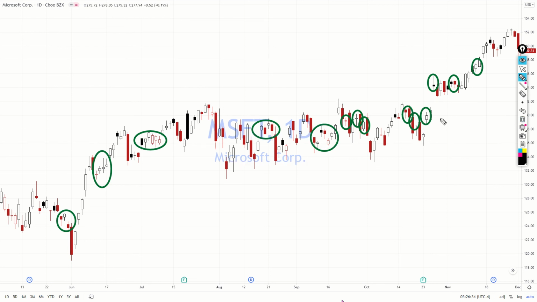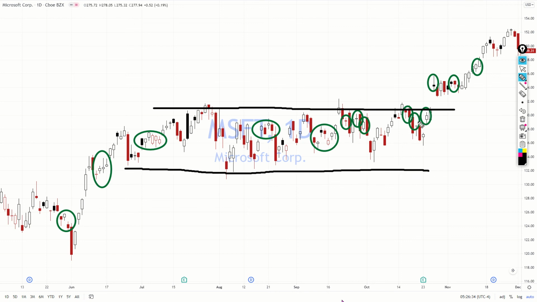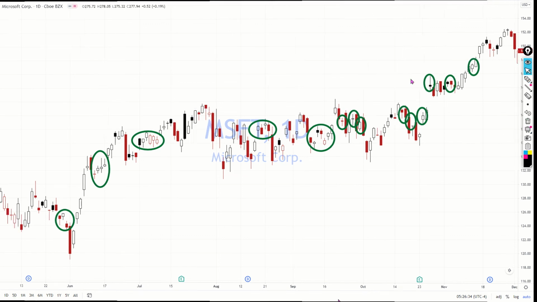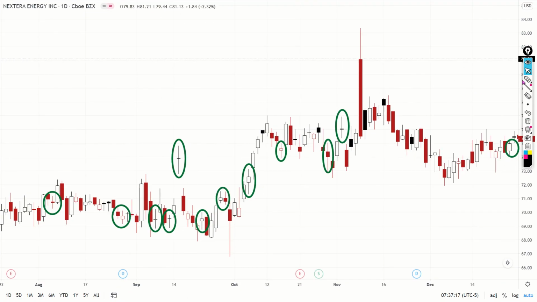As you can see, let's say for instance this is the resistance and this is the support right here. You can see there are many of these non-directional candles forming within this consolidation. As the price breaks out, it then continues the trend. And here we have more examples.